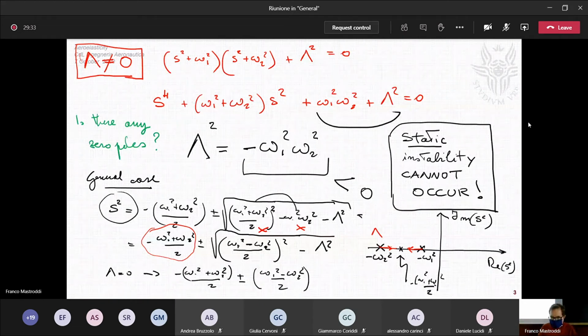So you have a critical value for lambda square, a coalescence value, for lambda equal to this value here, cancelling the square root. So for lambda square equal to omega 1, excuse me.